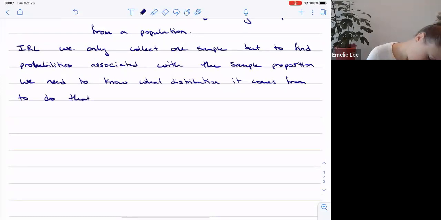To do that, we pretend to look at thousands of sample proportions.